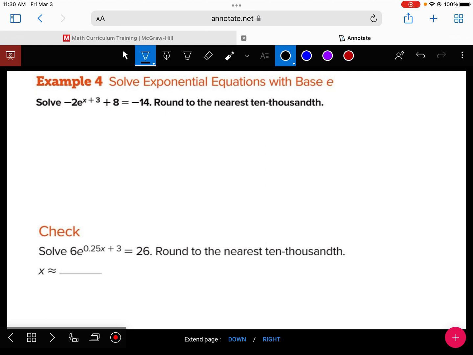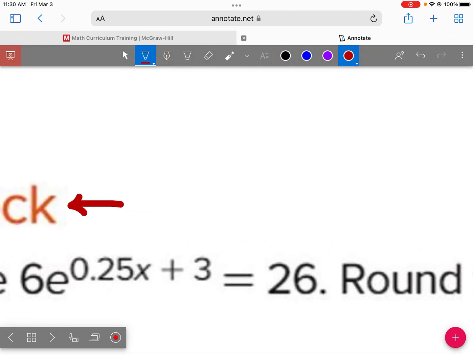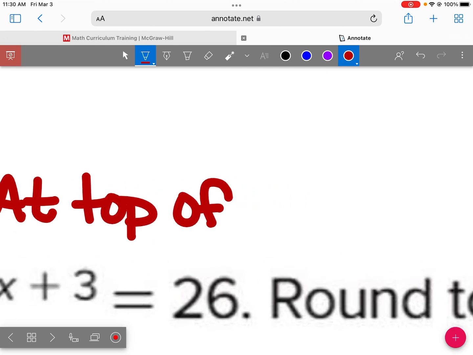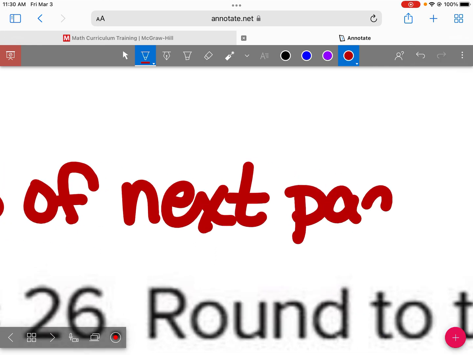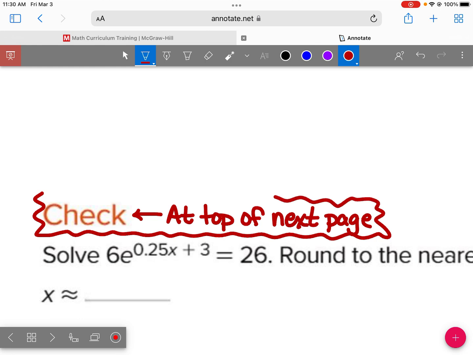We're going to be down at the bottom of the back side of the first piece of paper. All right.